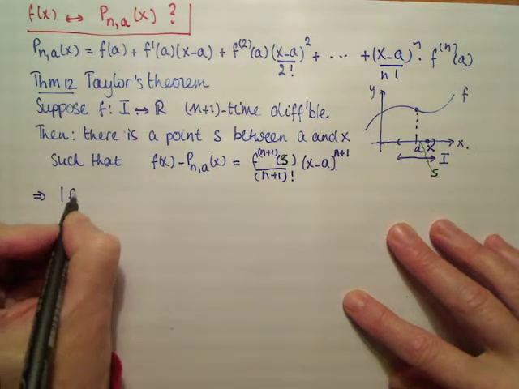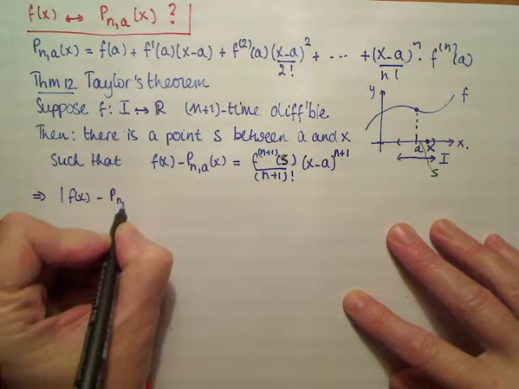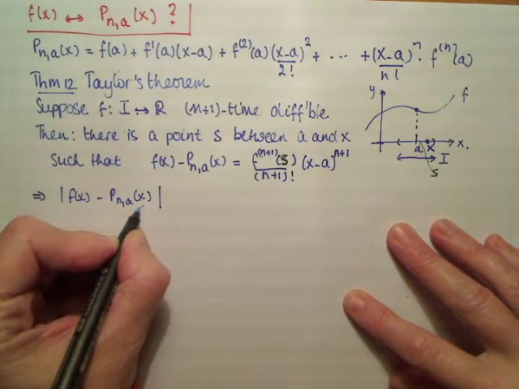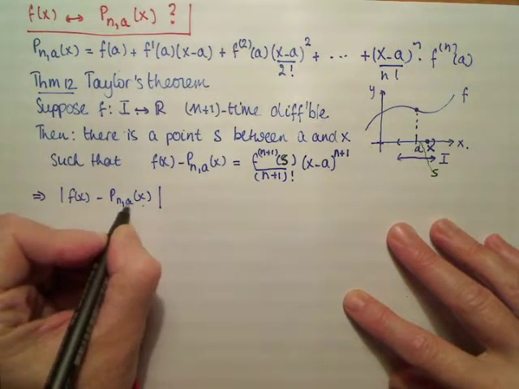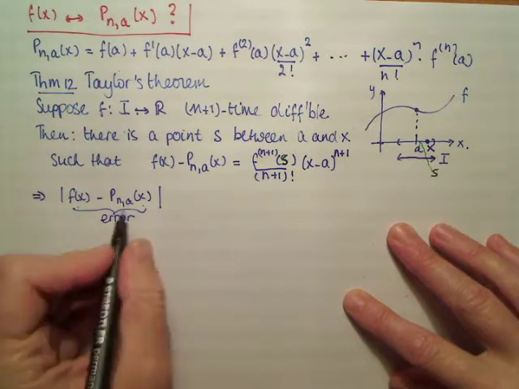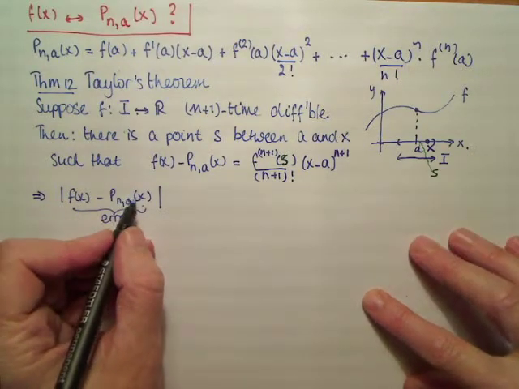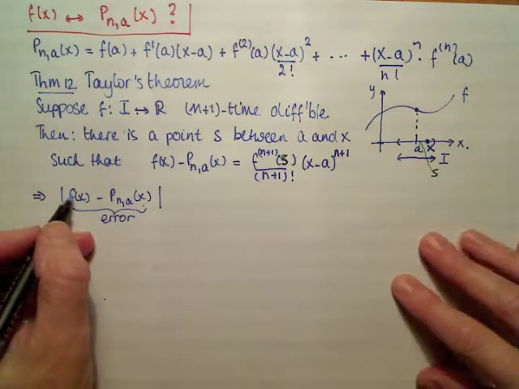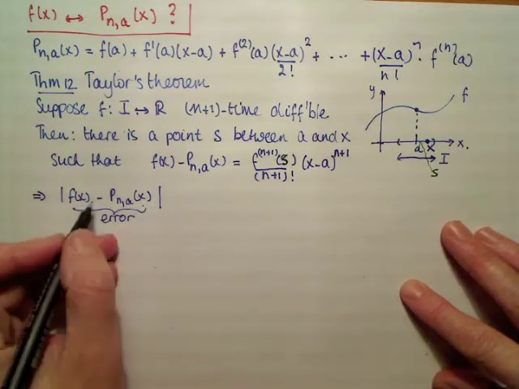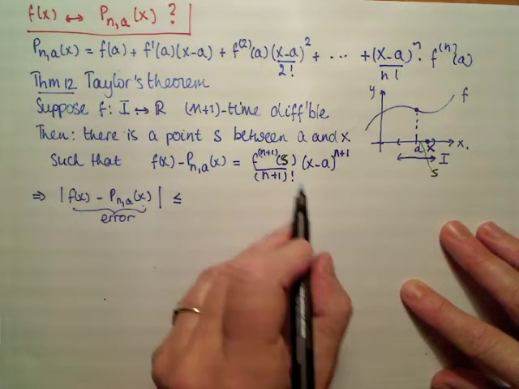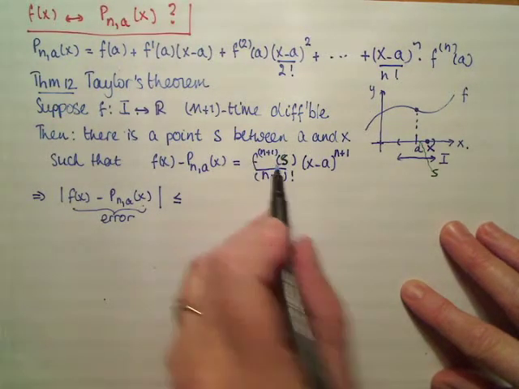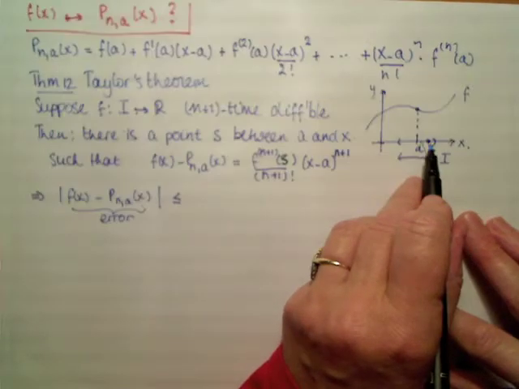We call this difference the error that we make by computing the value of the nth order Taylor polynomial instead of the value of the function itself. Then this difference cannot be larger than the maximum of the n plus 1th derivative over the interval from a up to x.